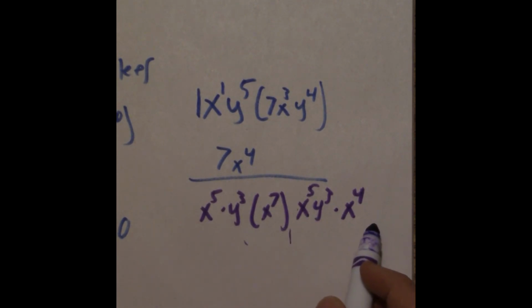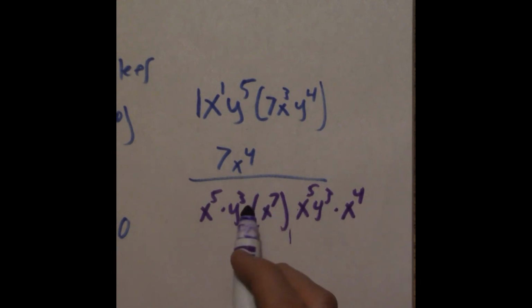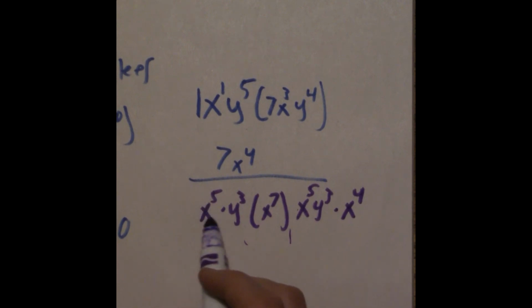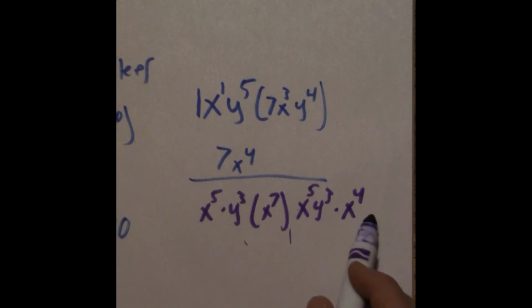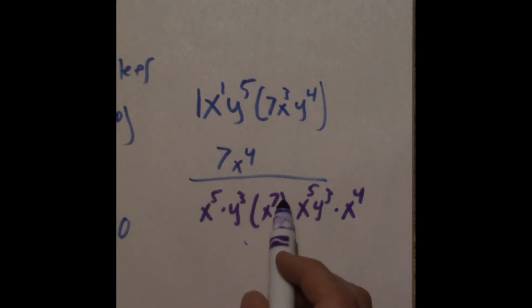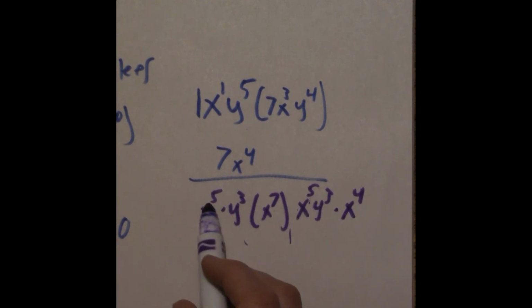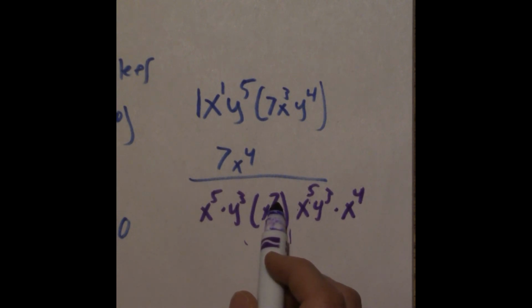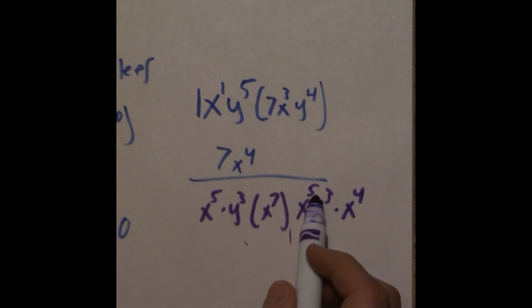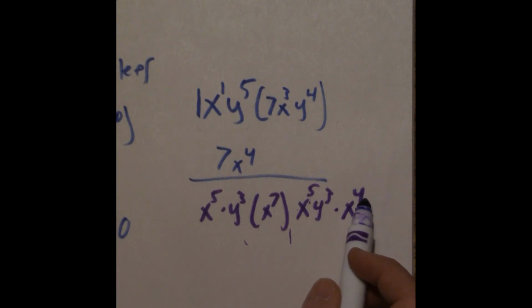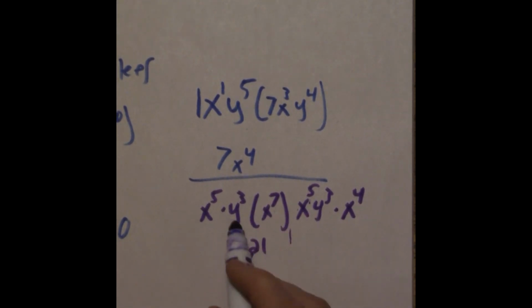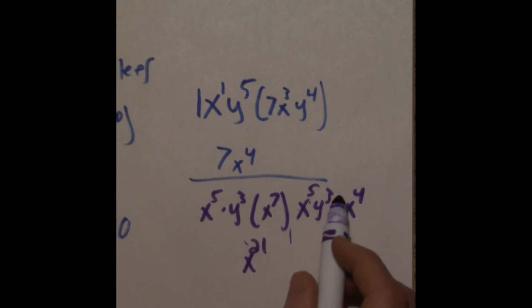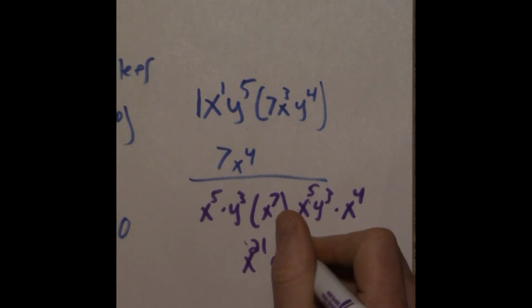It all means multiplication. Since it's multiplication, you can use the product rule as long as you have the same bases. And so when you look here, you have an x for a base, you have x for a base here, you have x for a base here, and x for a base here. So you can add up all these exponents of the x's. So 5 plus 7 is 12, plus 5 is 17, plus 4 is 21. So this is going to be x to the 21st, and then y to the 3rd times this y to the 3rd is going to give us y to the 6th.